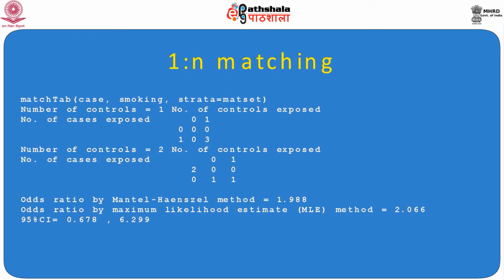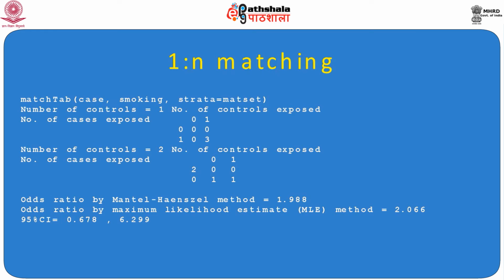Initially we will do 1:1 matching, after that 1:2 matching, and like that we can go for 1:n matching. Here we are not going for 1:n, as it is a time-consuming procedure. So as an illustration purpose we are proceeding only up to 1:2. First, when we are using the match tab function, cases and smoking is considered with strata equal to matchset.